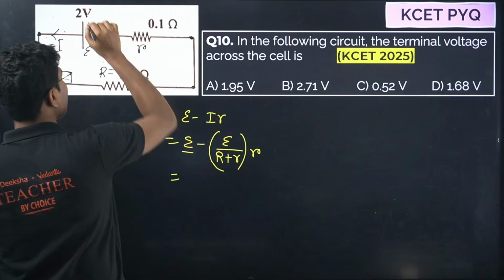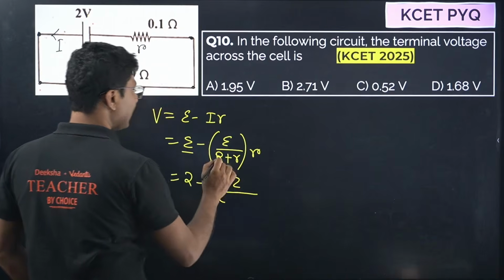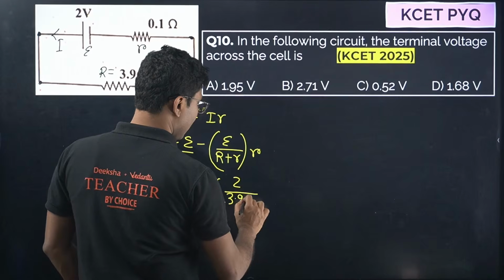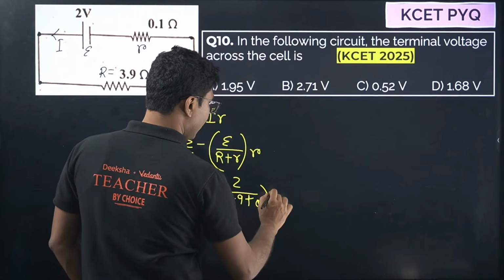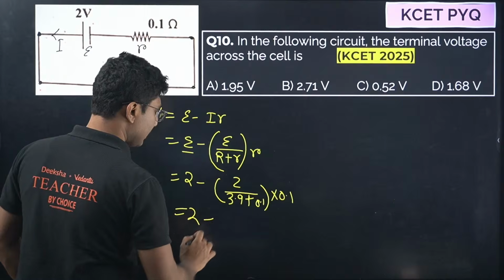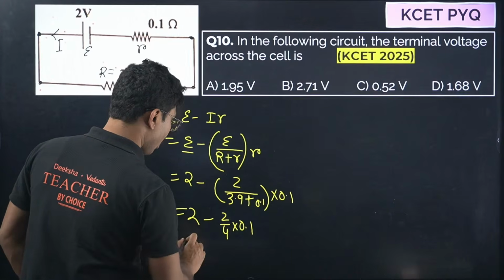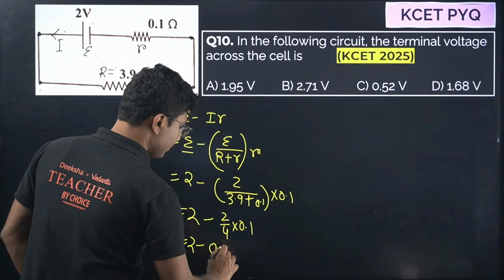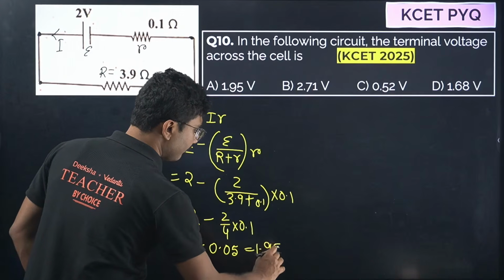So epsilon is 2 volt. So 2 minus 2 divided by 3.9 plus 0.1, into 0.1. So it will be 2 minus 2 by 4 into 0.1, or 2 minus 0.05, that is 1.95 volt.